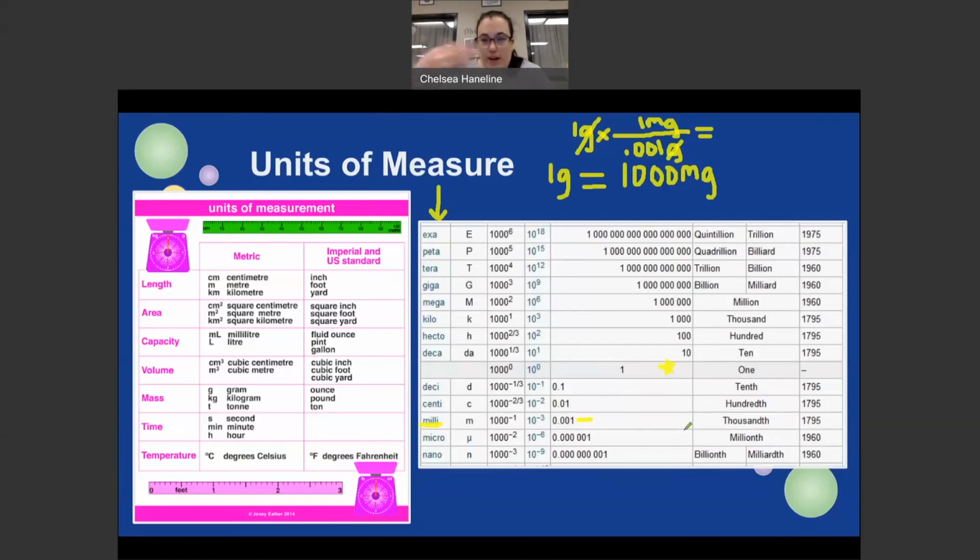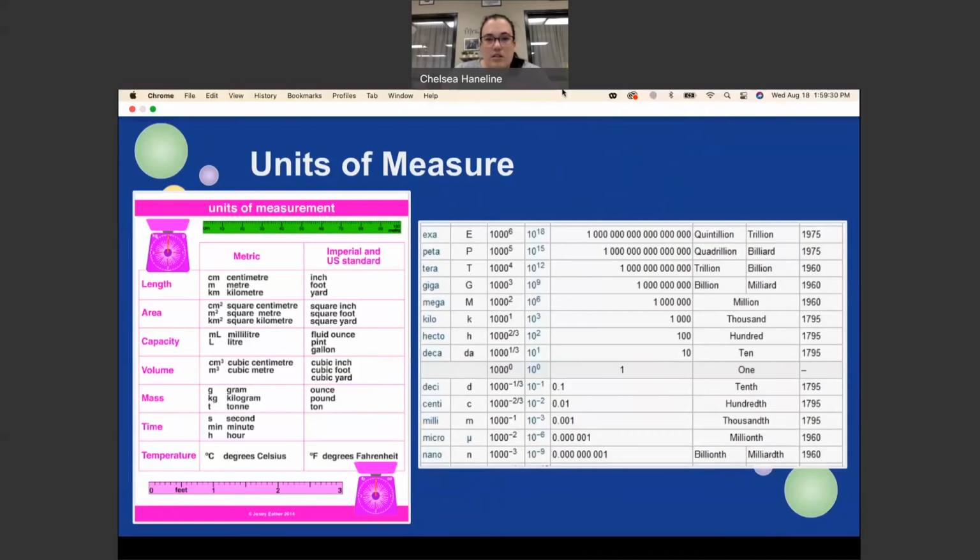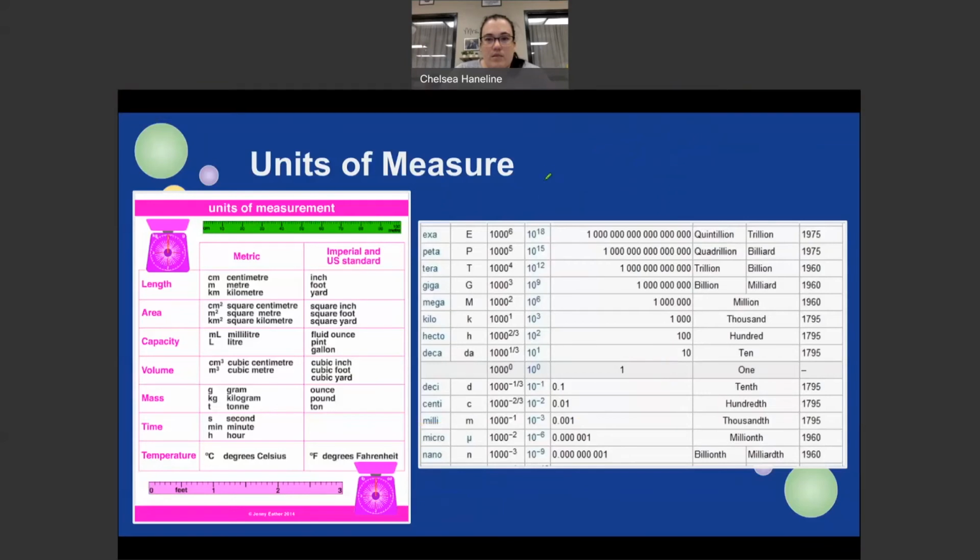So let's try another one going the opposite direction. If I have 900 grams, and I want to find out how many megagrams is in 900 grams.